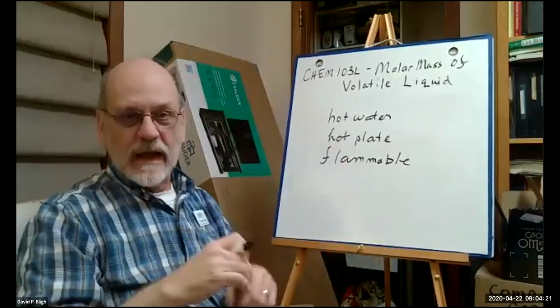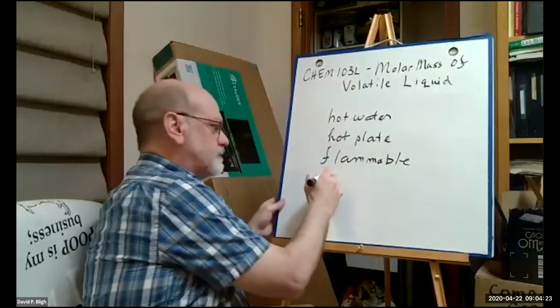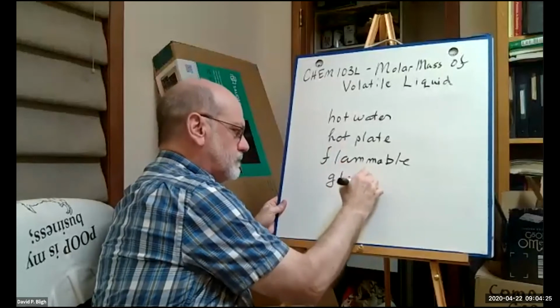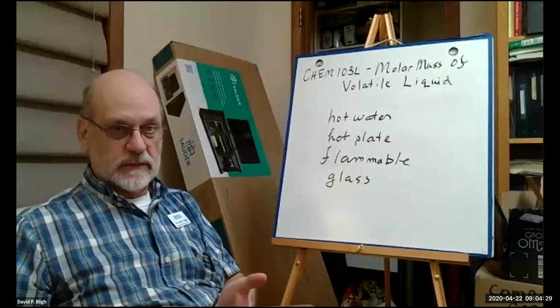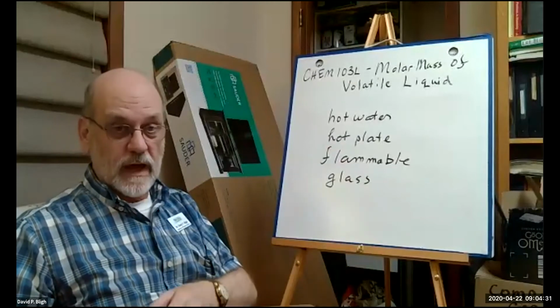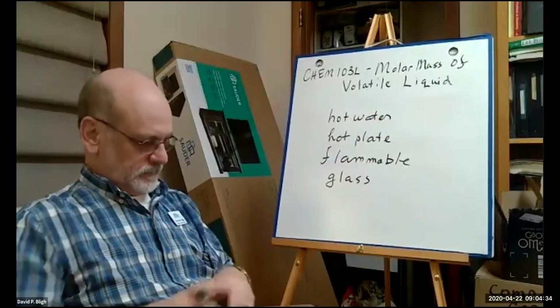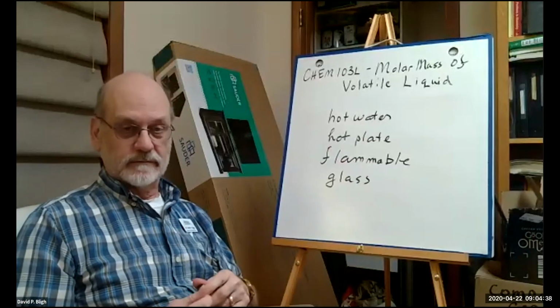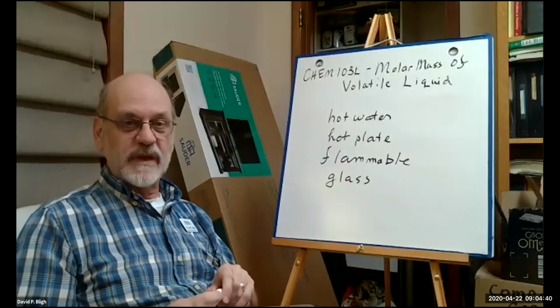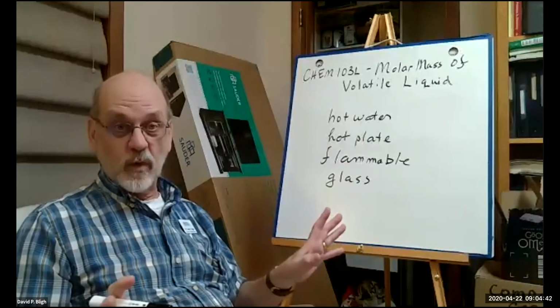And then there's always the issue of glassware. You could drop it. You drop a piece of glassware, and what does Murphy say about a dropped beaker? It will send pieces everywhere.